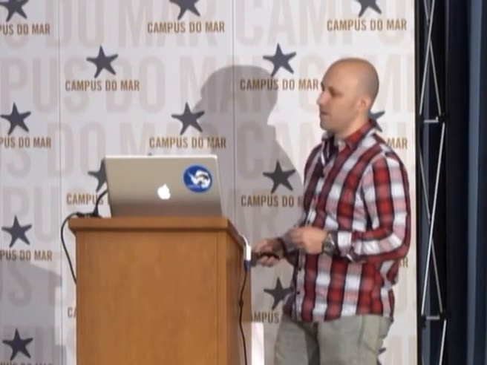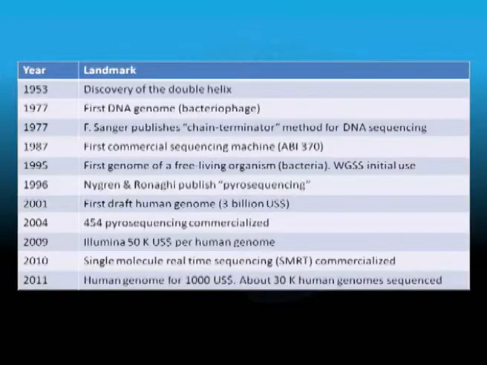Now I'm going to mention a few landmarks in this field. As you know, in the 50s we have the discovery of the double helix. Then we have the first DNA genome in the 70s. Then we also have the publication of the Sanger method, the first commercial sequencing machine in the 80s, and so on.